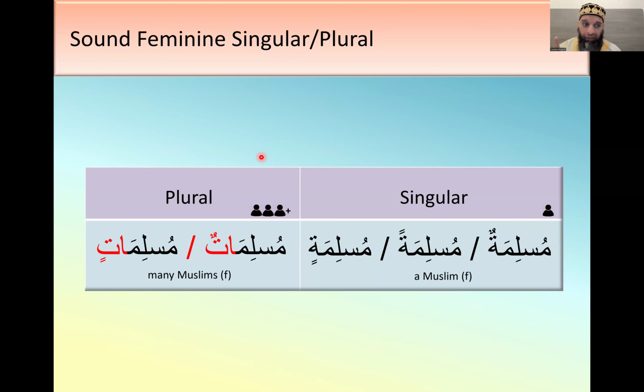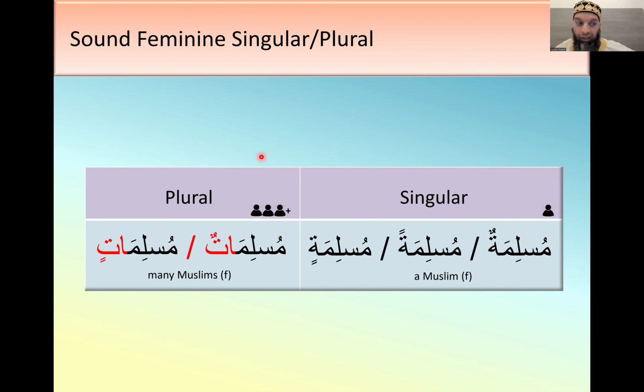I do want to mention one thing. The masculine sound plural and the feminine sound plural, it's mostly regarding people. Those who are Muslim, disbelievers, good doers, bad people, those who are successful. Muflihuna, muslihuna, mufsiduna, right?